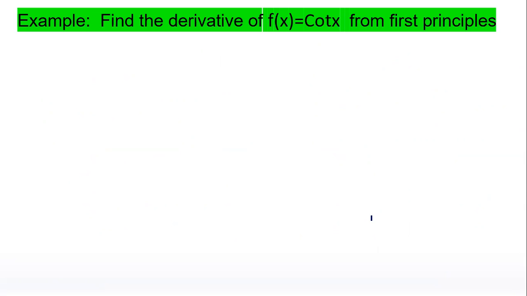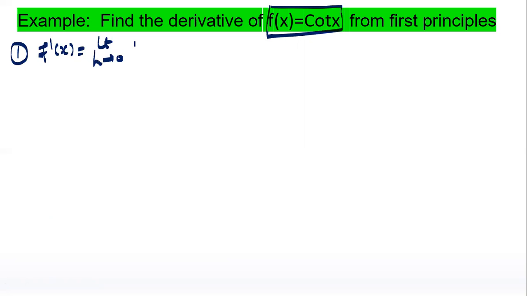Let's take one more example. If the function f(x) equals cot x is given to us, how do we find its derivative using first principle? First step is we will write down the formula. f'(x) equals limit h tends to 0 of [f(x+h) minus f(x)] upon h.